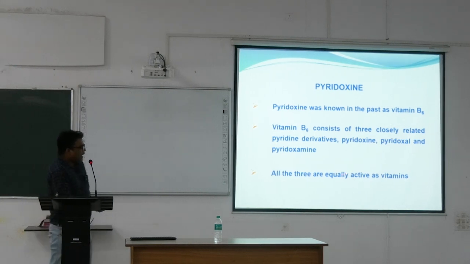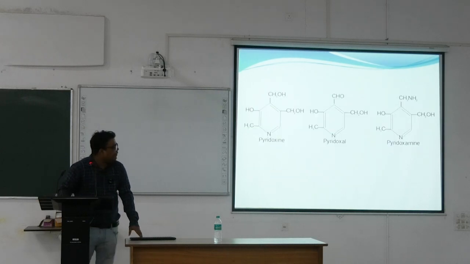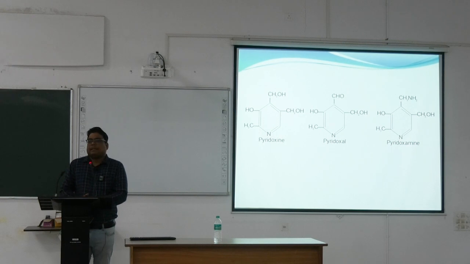All these are activated forms of this vitamin. Now we see the structure first, then we understand all this. It is pyridoxine, pyridoxal, and pyridoxamine. These are all the activated forms of vitamin B6.